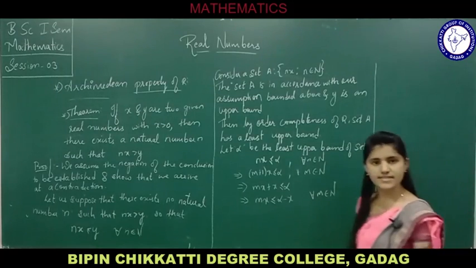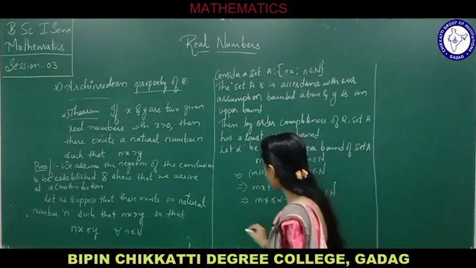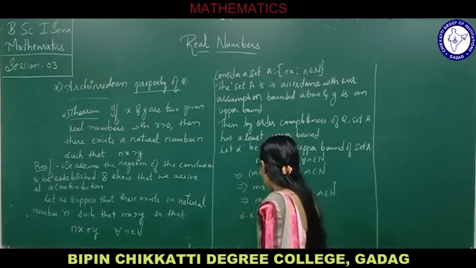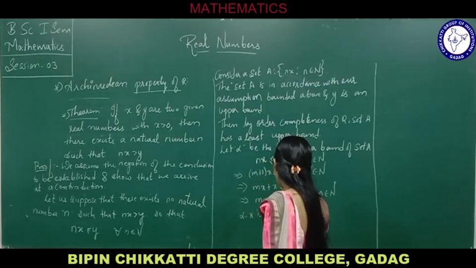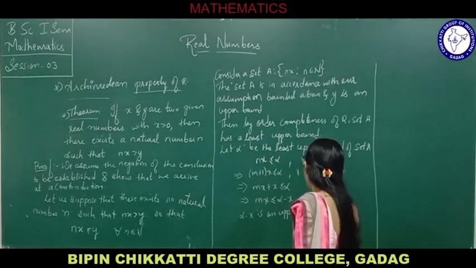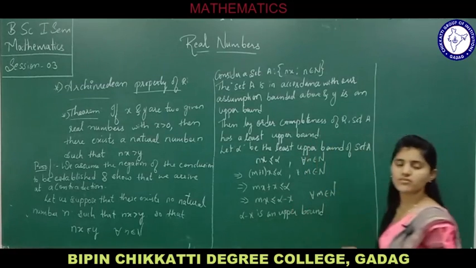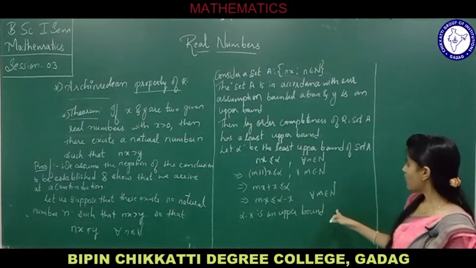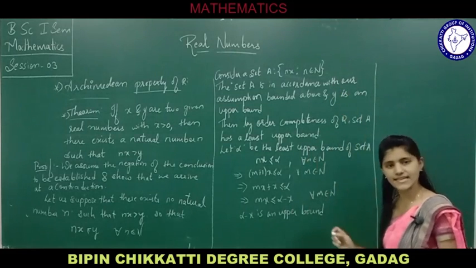If m into x is less than or equal to alpha minus x, then alpha minus x is an upper bound of this set A, right?